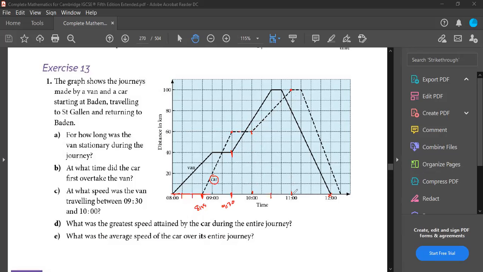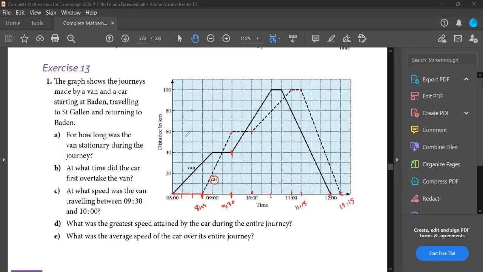Good. Until 11, where the car stops for just 15 minutes to take a break, and then it starts decelerating from 11:15 to 12:15, until they reach home, or they reach anywhere.